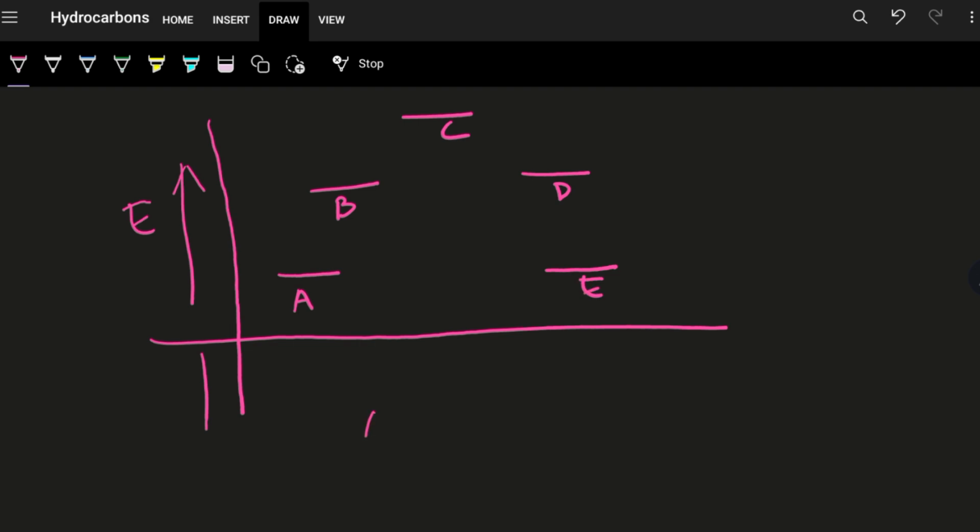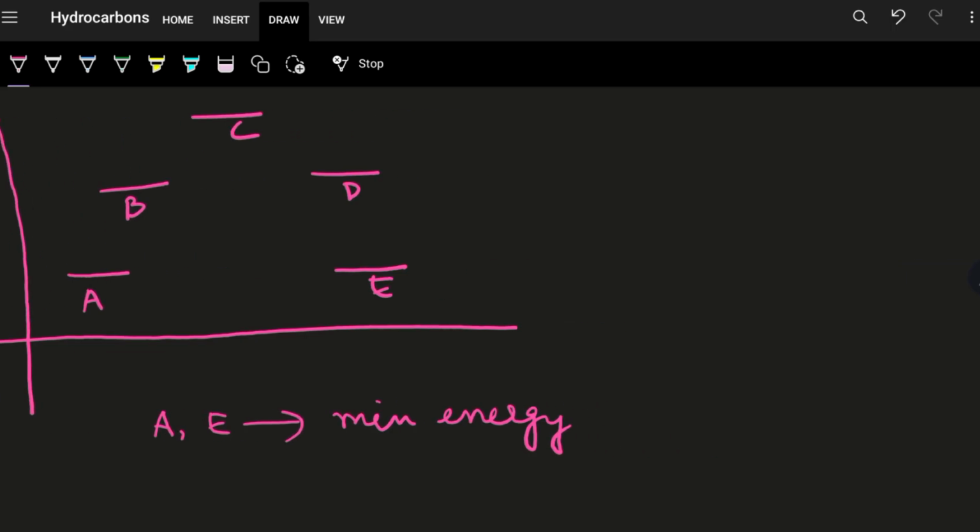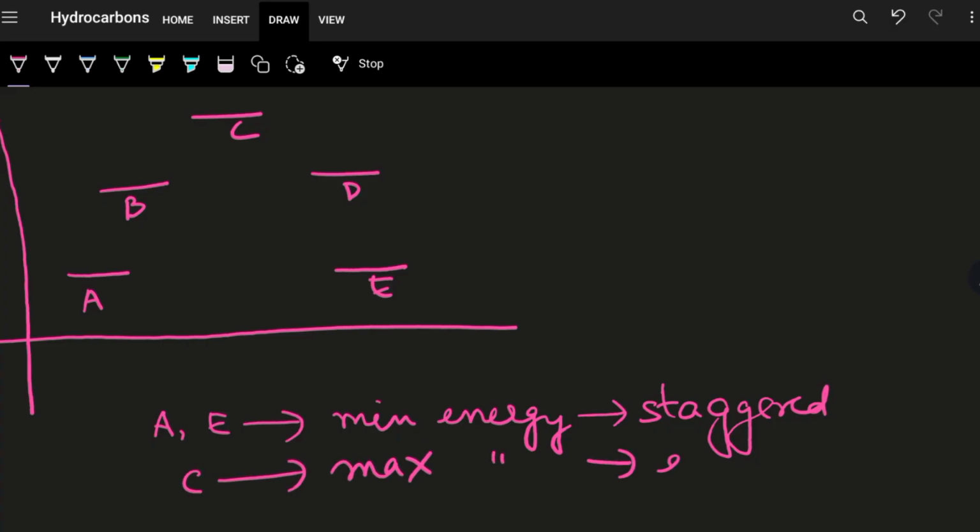From this diagram we can say A and E have minimum energy, and so they are the staggered conformers. C has maximum energy, and so this is the eclipsed form. B and D are in between staggered and eclipsed, and so they are skew forms.